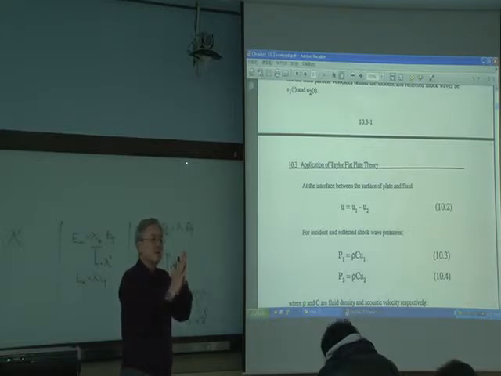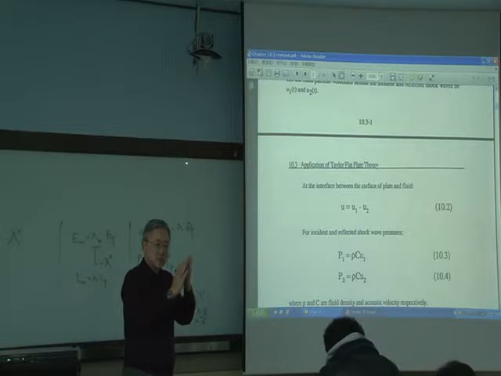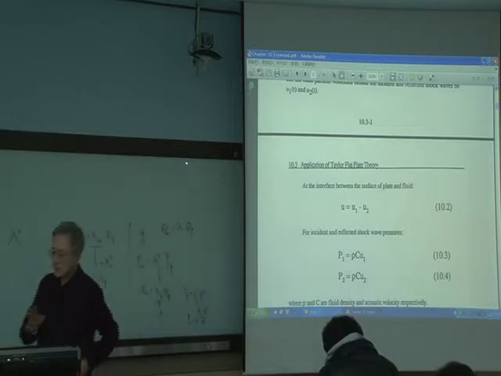Of course, these are the fluid particle velocities infinitely close to the Taylor plate surface, okay? Then U is identical to U1 minus U2.